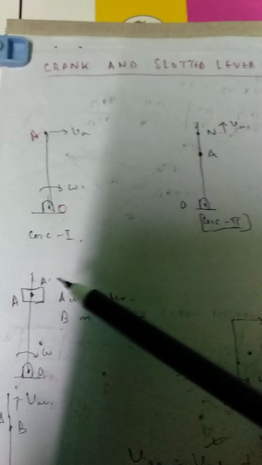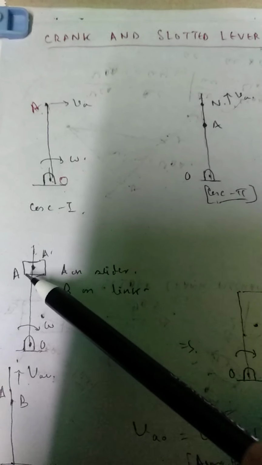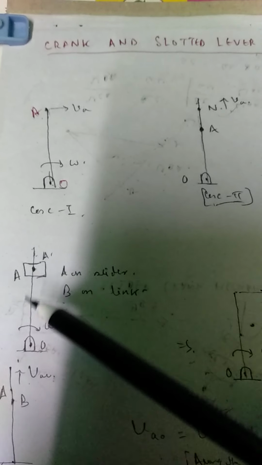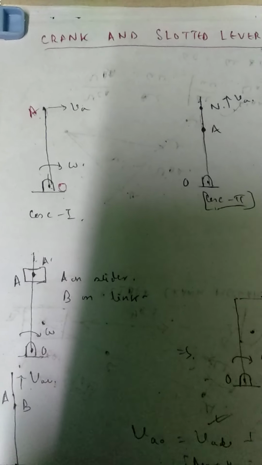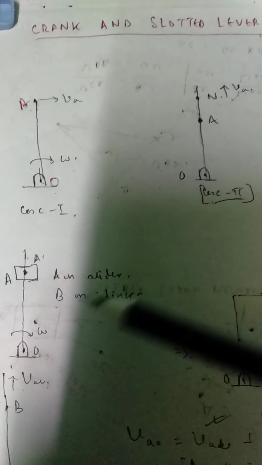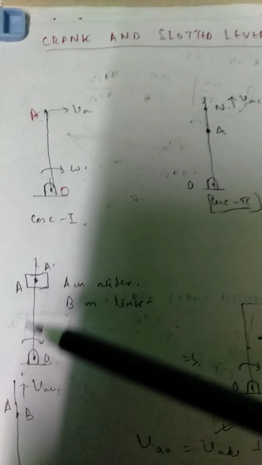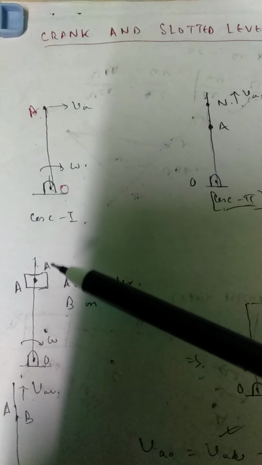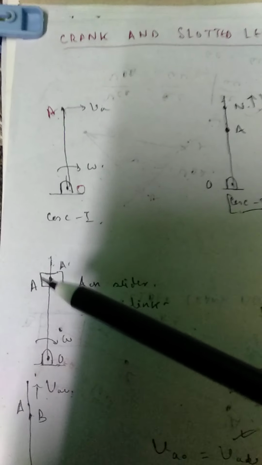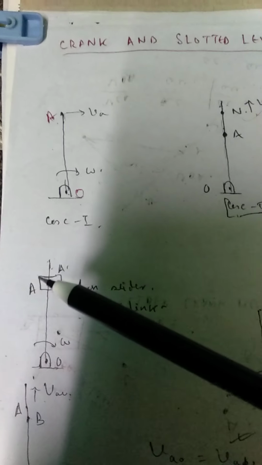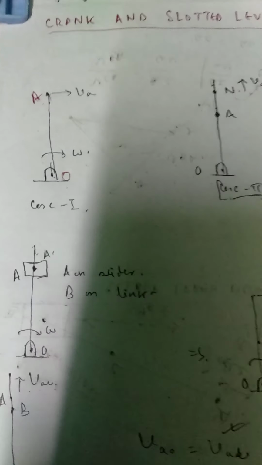Now let us consider a slider, and this point A is on the slider, which is able to move along the length of the link. Now we will consider another point B on this link, which is coincident with point A. Point A is located on the slider, but point B is located exactly on the same point but on the link, and point A and point B are coincident.